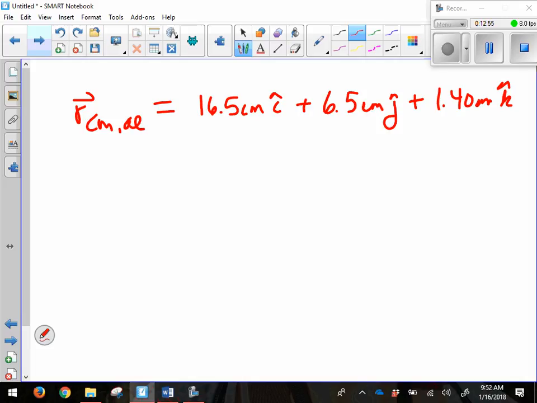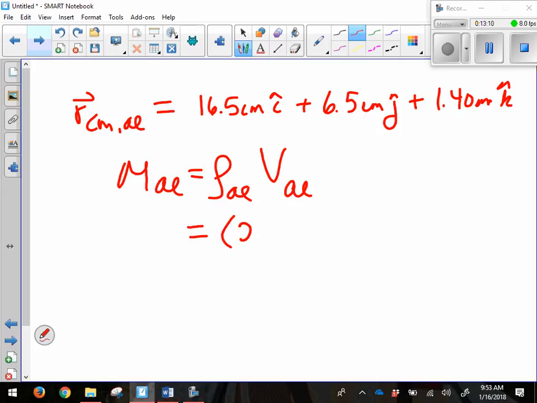Right, I need the mass of my aluminum, which I can find the same way. The density of the aluminum times the volume of the aluminum. The volume of the aluminum is the same as it was for iron, but I believe my density is 2.7 grams per cubic centimeter. And then the dimensions of my slab are the same.